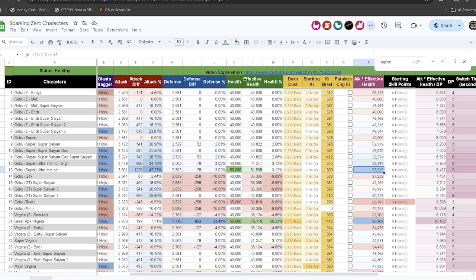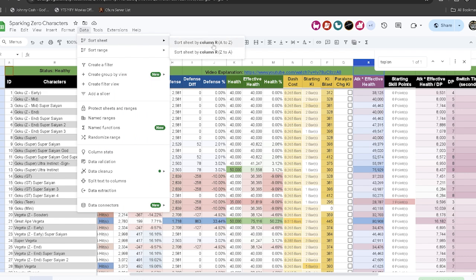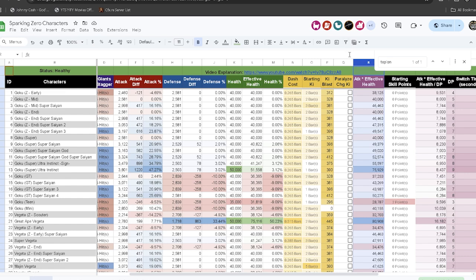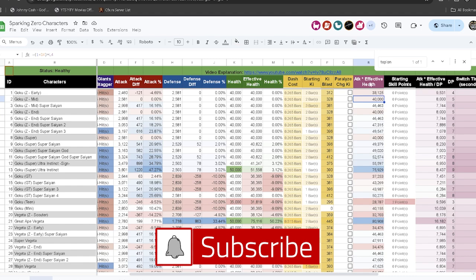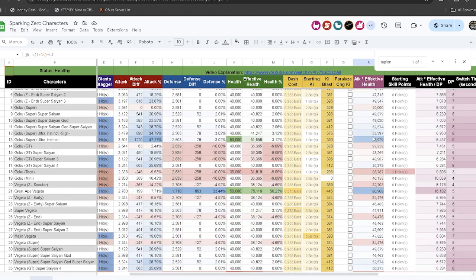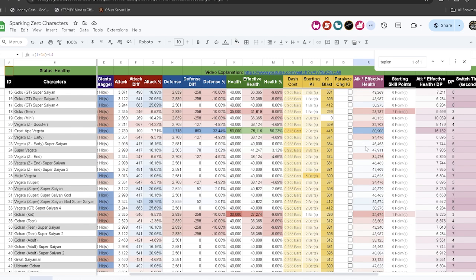It's an extremely accurate stat, so you can sort this column by going to data, sort sheet, and sort. I'm not going to do it because these people right here might not like the fact that I'm changing the way it looks while they're doing whatever they're doing. So essentially that is how you get the overall stats of a character.